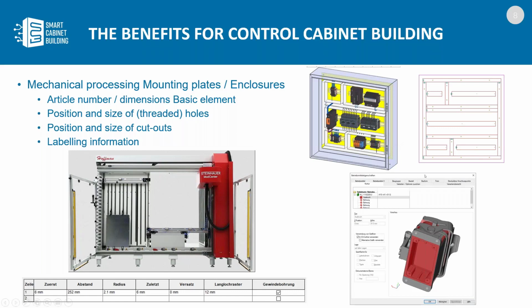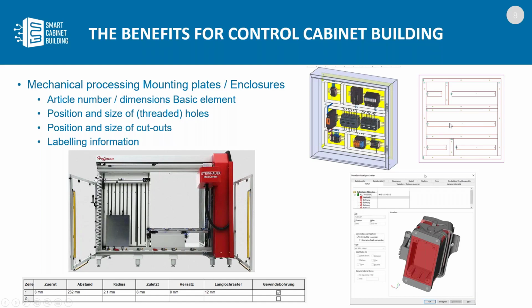So if we have this information of the drill holes and the cutouts, and for the drills on dynamic components, if those are defined in the product data, then it is enough to place just those components on your digital twin, and all the rest is done by E3 and the cutout tool, which can automatically create such a mechanical drawing, and of course the data to import on such a machine.